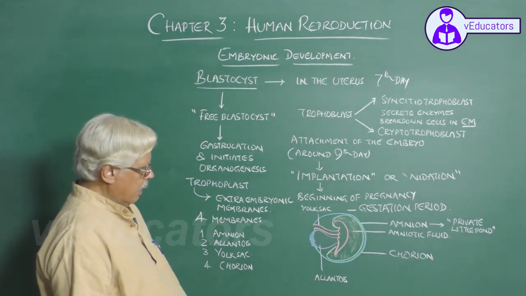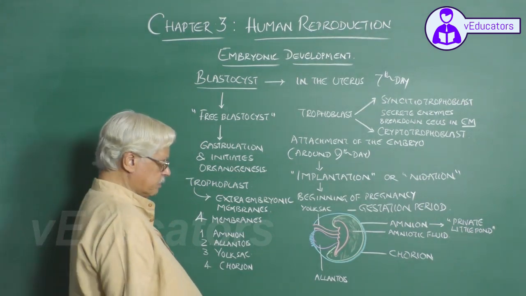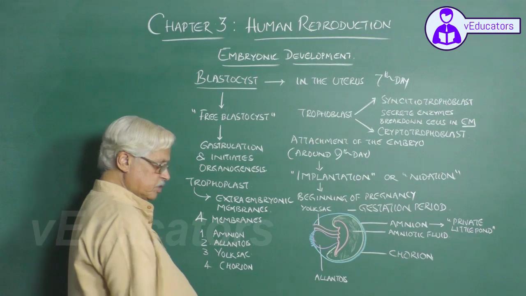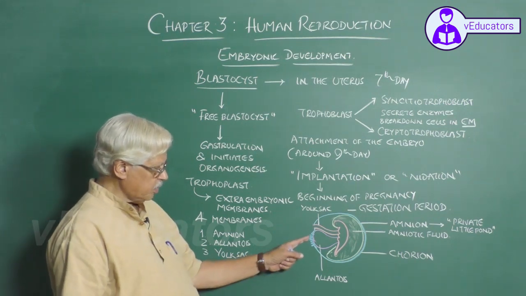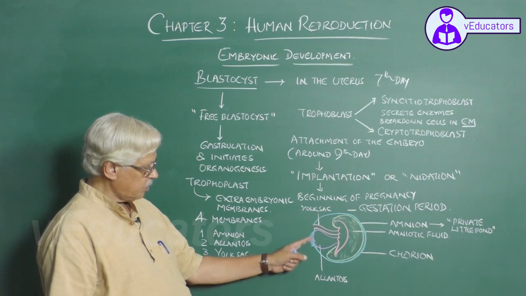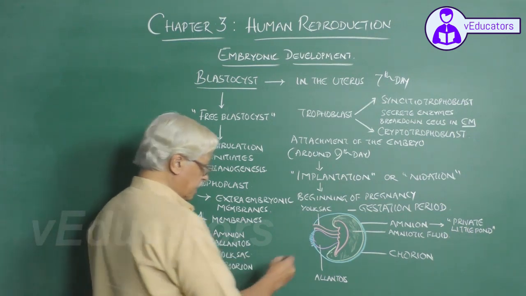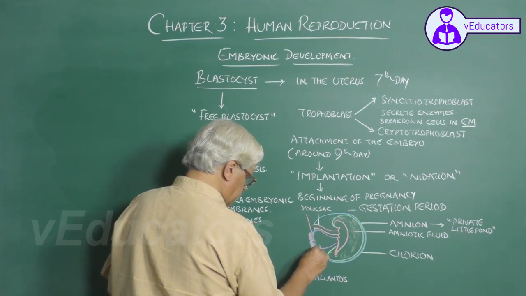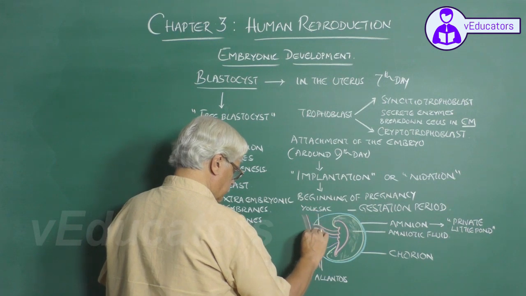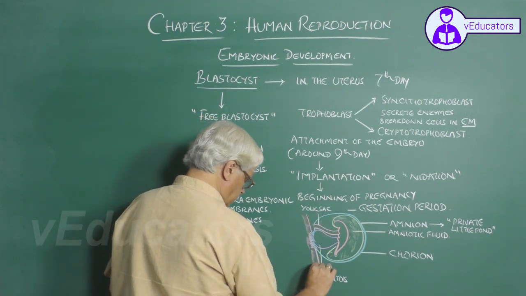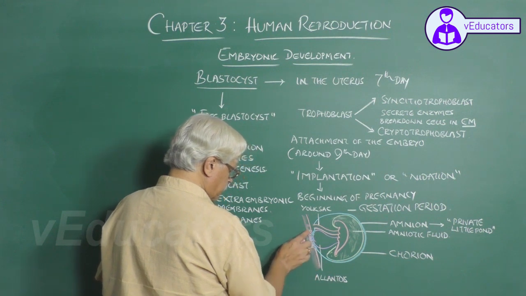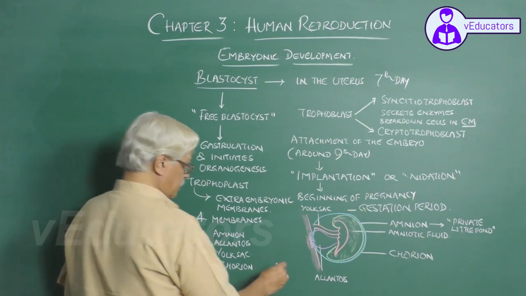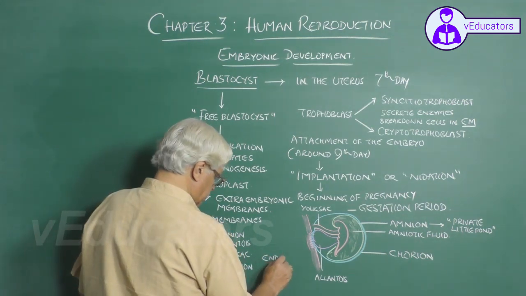As these extraembryonic membranes develop, the chorion starts producing finger-shaped projections called chorionic villi. These chorionic villi become intimately connected with similar projections from the endometrium.